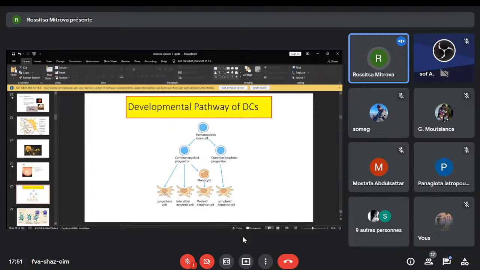You have here the different dendritic cells, and the monocyte going to the tissues will be called myeloid dendritic cells or macrophage. Only the lymphoid cell line is differentiated alone. From the common lymphoid progenitor, we have the production of lymphocytes.